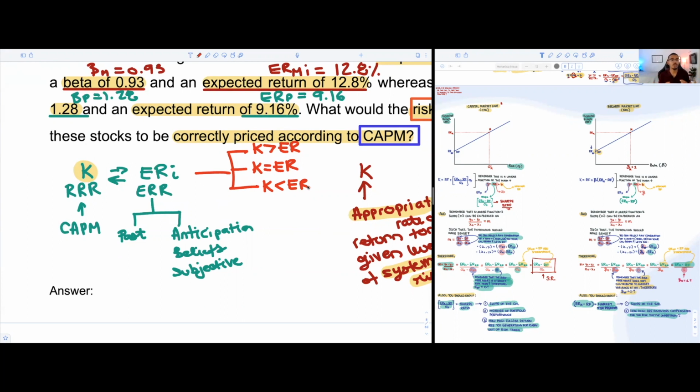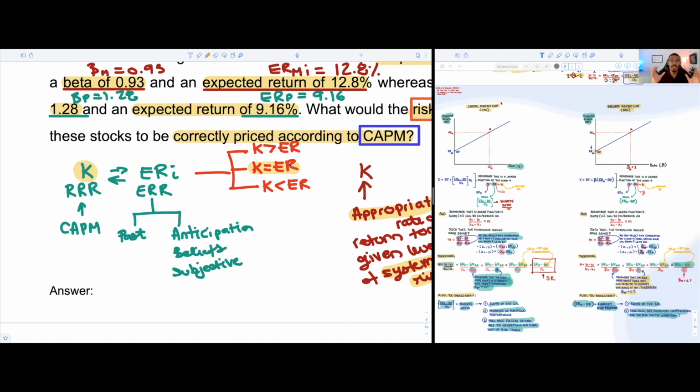But right now, what I want you to understand is one specific instance of the relationship between K, the required rate of return, and ER, the expected rate of return, okay? And that's the middle one, the one that we're gonna highlight in yellow right here. That's the one at which the expected rate of return is equal to the required rate of return. And you know what's hilarious?